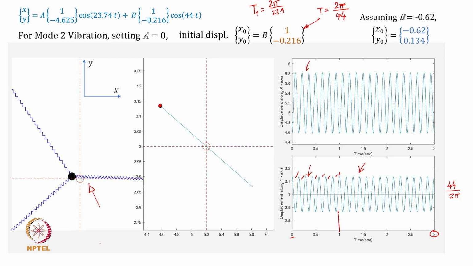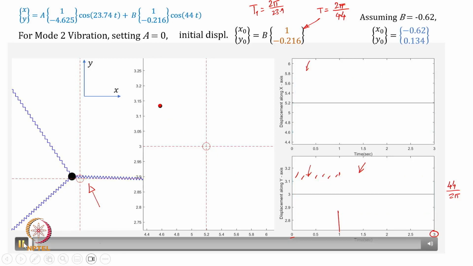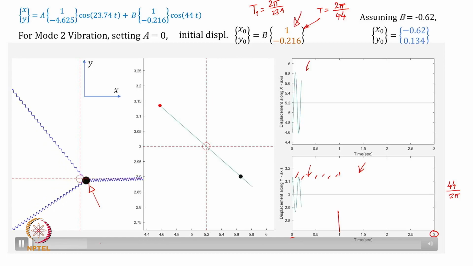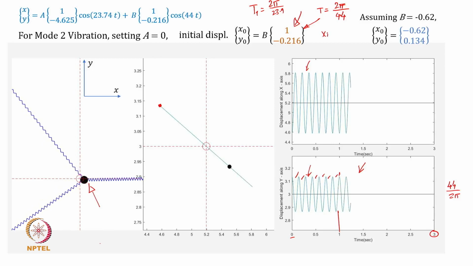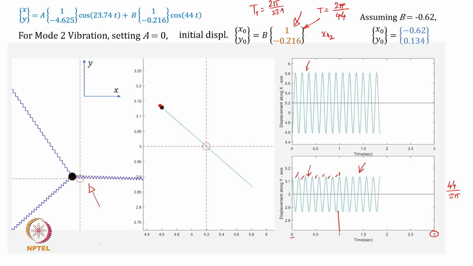But more important here is the way the vibration happens as we disturb the mass from the initial condition. The initial condition cannot be arbitrary, it has to conform to the particular mode shape. In this case, the initial position at time t equal to 0 was taken with x and y values proportional to the mode shape, proportional to XR2, which was 0.216 negative.